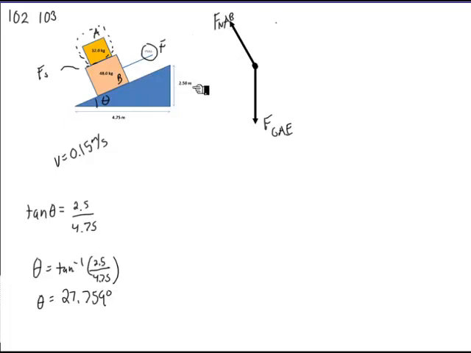And then you say, I have no idea which way to put static friction. I don't know where to put it. Does it go down the ramp? Does it go up the ramp? But then you have to realize that I'm moving at a constant velocity. So which way does it have to go if the box is moving at a constant velocity? It must point up the ramp. Otherwise, things wouldn't balance out, right? So this is Fs AB.